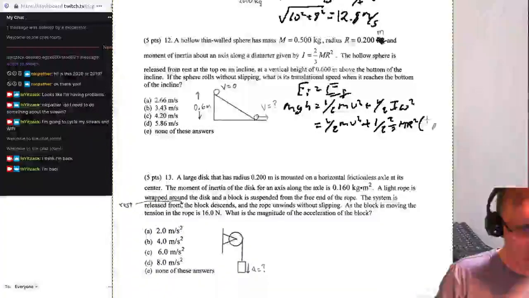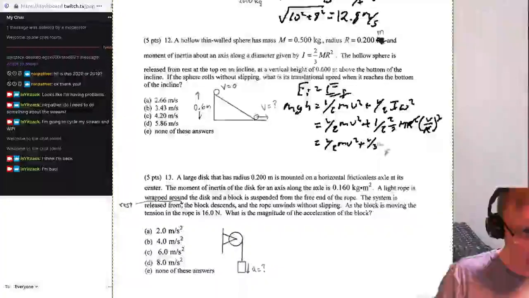Converting omega to velocity becomes v on r squared. The r's cancel, and we get 1/2 mv squared plus 1/3 mv squared. The m's cancel. Be careful about those m's because they don't always cancel.